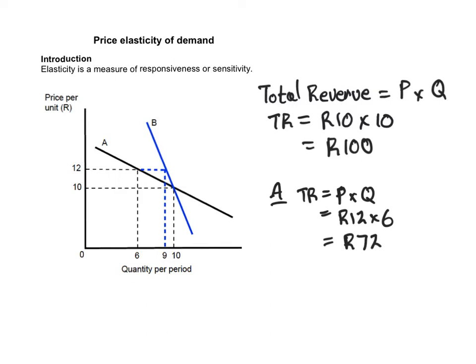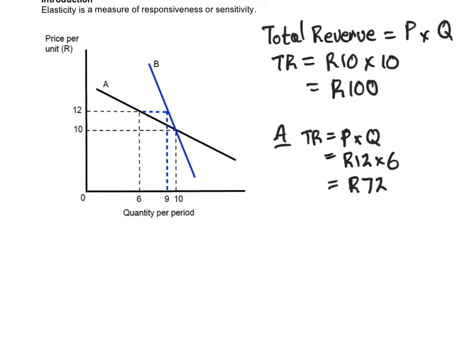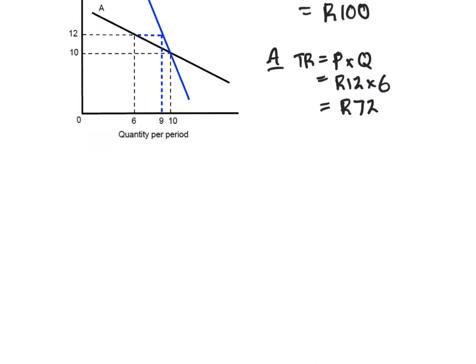Now let's take a look at what happens in the case of product B. For product B, our total revenue is price times quantity. The price is 12 Rand, and the quantity demanded has decreased from 10 units to 9 units.